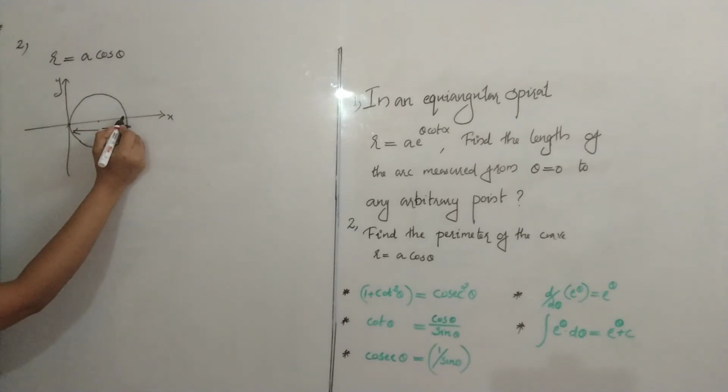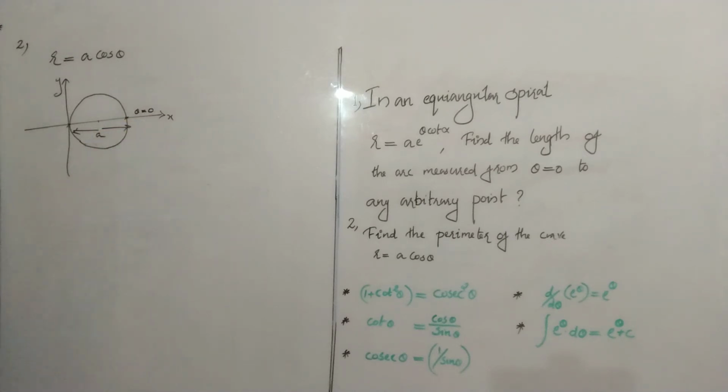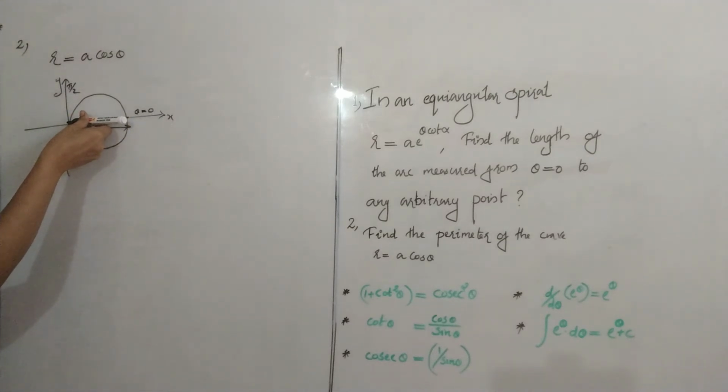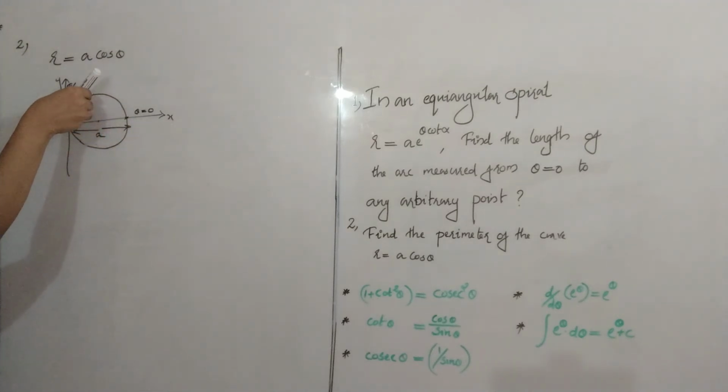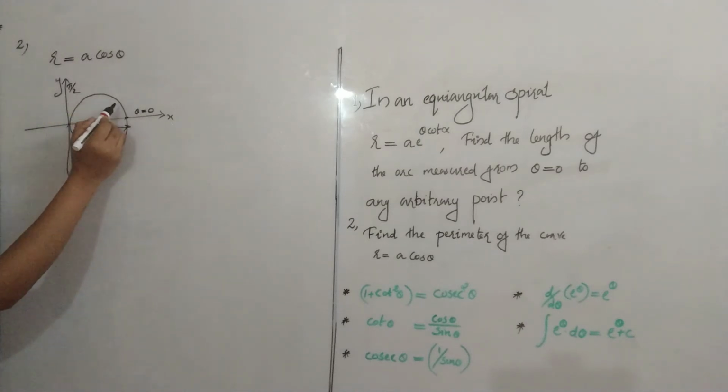Now here the angle theta is 0. From this x-axis to y-axis, theta varies from 0 to pi by 2. On the x-axis the value of theta is 0 and it increases and becomes pi by 2 on the y-axis, and this part is symmetric.